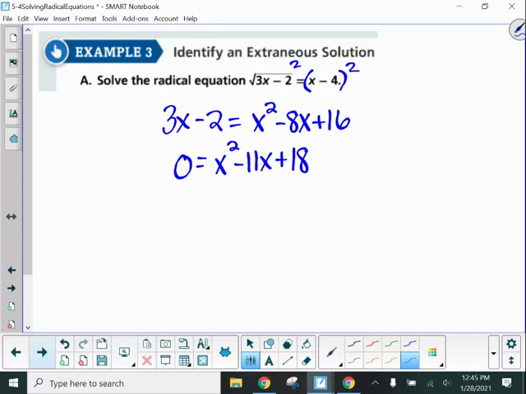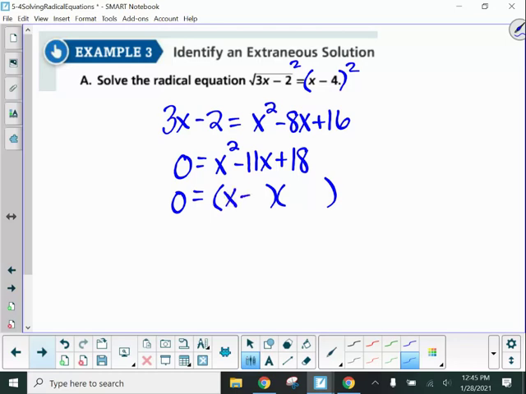One of the ways you can also check to make sure you did your math correctly is, I believe, in all of the questions you're assigned, when you have these x squareds in your problem and you have to factor to solve, everything should factor. If you had done this incorrectly, you would have lost the minus 8x, and you would have only had a minus 3x, and there are no factors of positive 18 that add to make a negative 3, so you would get no real solution, when in fact there are solutions to this question.